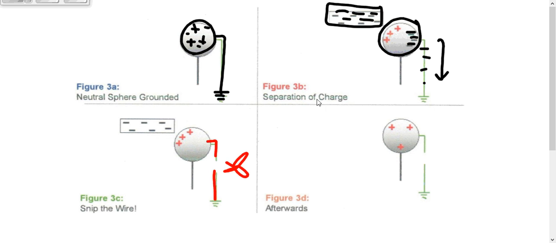If I snip that wire, in red here is my scissors, while that negative object is near my neutral object, I'm going to have basically trapped all those electrons down at the bottom here. And when I remove my charged object, you'll see it's gone from figure 3D. Because that wire is snipped, the electrons can't come back up. So afterwards, this is positive.